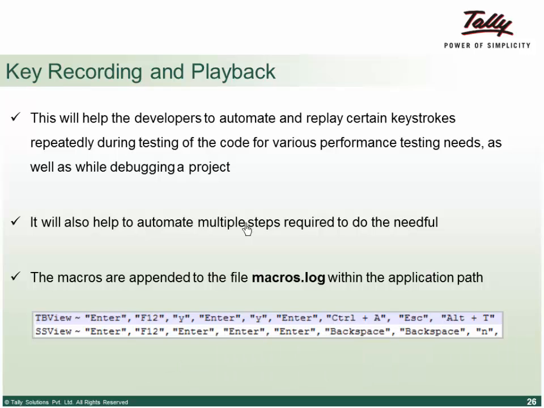So repeatedly, over and over again, the same set of steps can be repeated. When you have to do some project execution multiple times or some report callings, the automation can help. We call this macros, and the macros.log file gets appended basically.